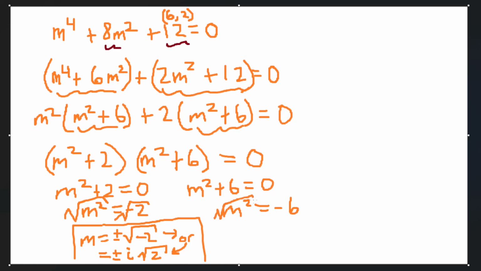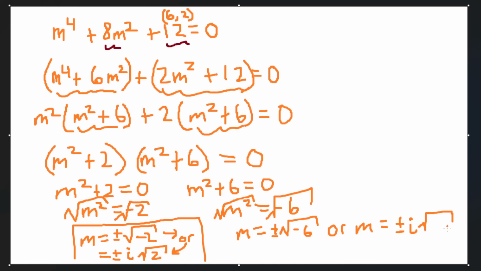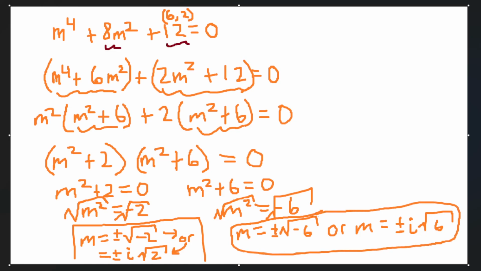We take the square root, and now m is equal to plus or minus the square root of negative 6, or we could say m is equal to plus or minus i times the square root of 6. Either one of these would be acceptable.